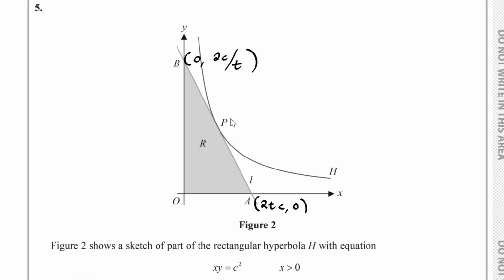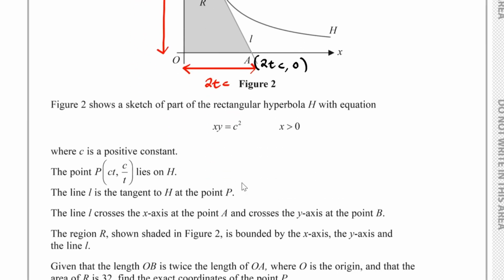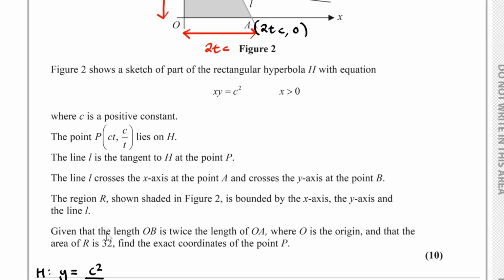We can therefore see that the length of OB is equal to 2c over t, and OA is equal to 2tc. Okay, and we also know from the question that the length of OB is twice the length of OA.